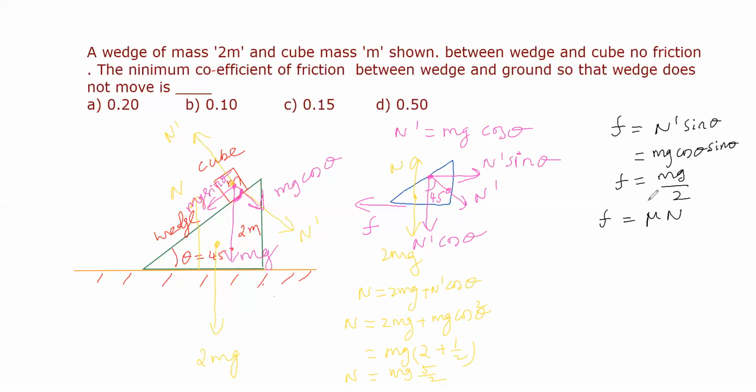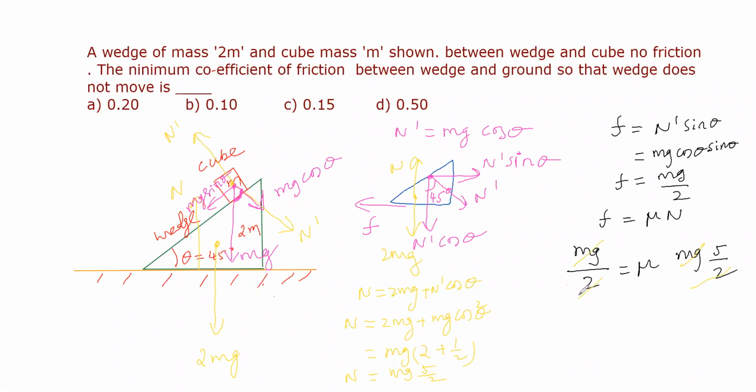Now we substitute in the equation: F is mg by 2, and mu times N with N equal to mg into 5 by 2. Now we cancel mg, and the 2s cancel.